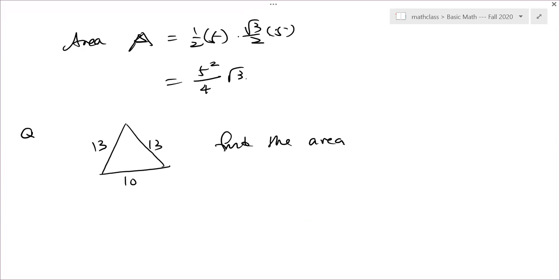Erase it, please. All right. Anyone give me an answer, please? Can we find the area of this triangle? Well, we just need to find the height, right? Can you find h?